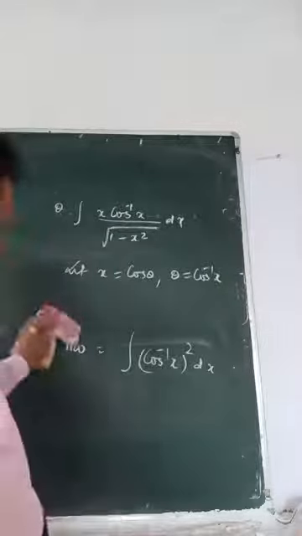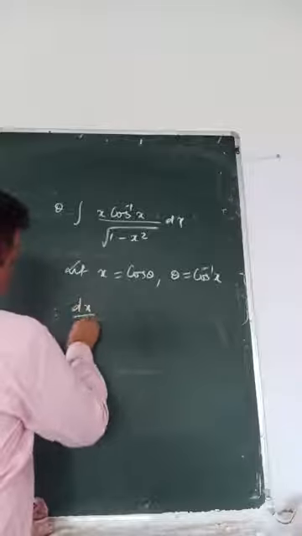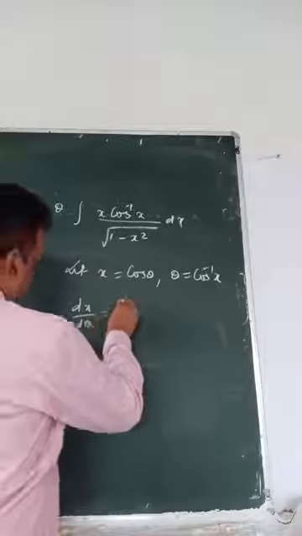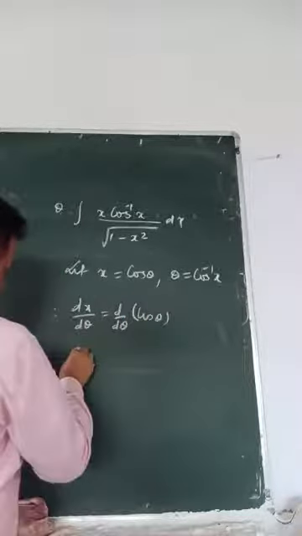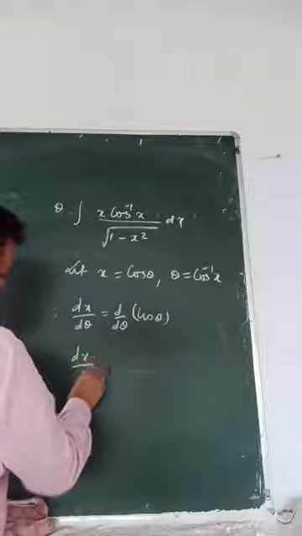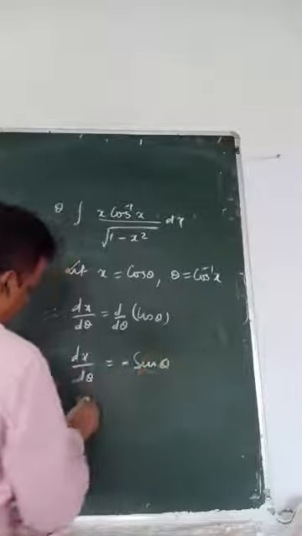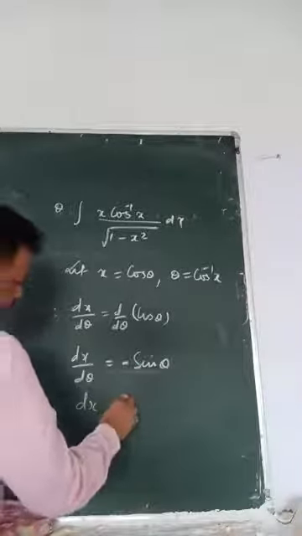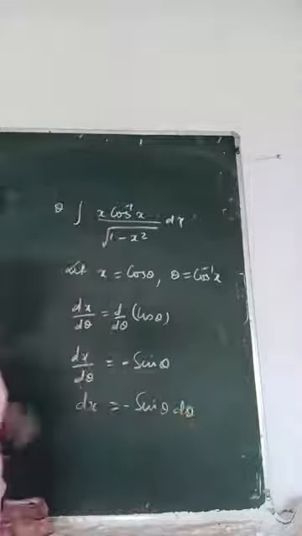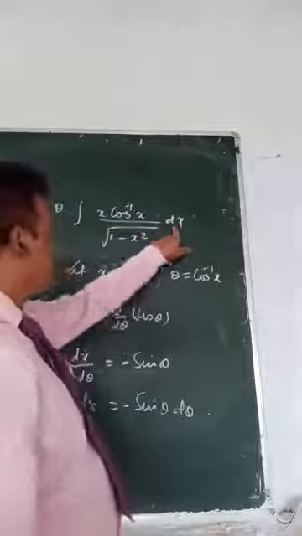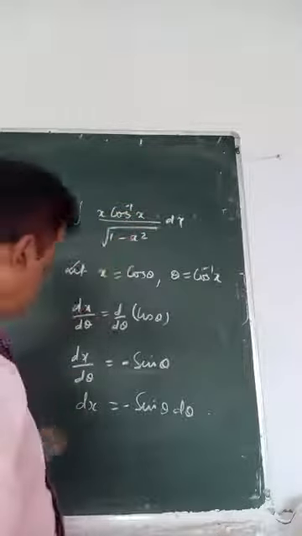So dx by d theta is the derivative of cos theta, so dx by d theta is minus sin theta. So dx equals minus sin theta d theta. Means you got dx value, you got x value, you got this value. Now you put here, everything will be simplified.